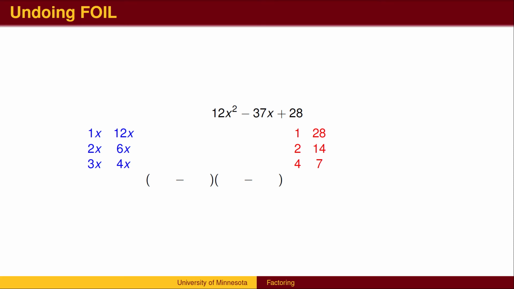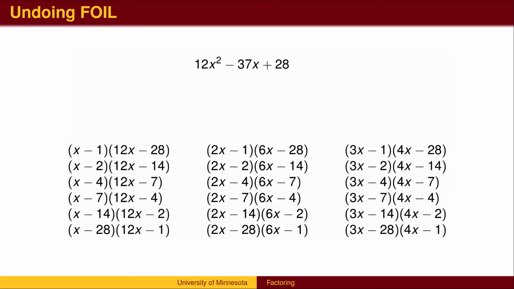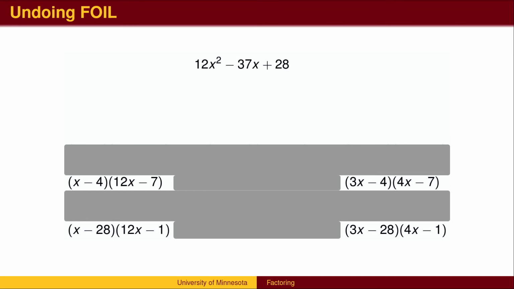We can't pair up two even terms, so 2x could only pair up with 1 or 7 since the other constants are even. The same is true for 4x, 6x, and 12x, since all contain a factor of 2. Instead of 18 possibilities to try, we can eliminate most of them and try only the ones without common factors.